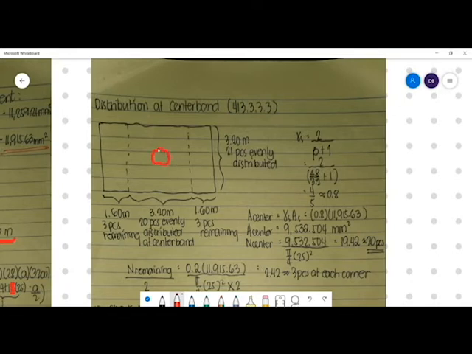So assuming that this is your column, we have the center band. We are going to measure 3.20, no, on the middle of the long dimension. So yung 3.20 nasa gitna, and what remains of the long dimension are on the sides, and we are to compute how much of the reinforcement on the short dimension should be placed on the center band, no?